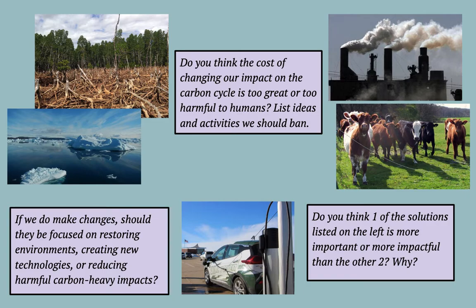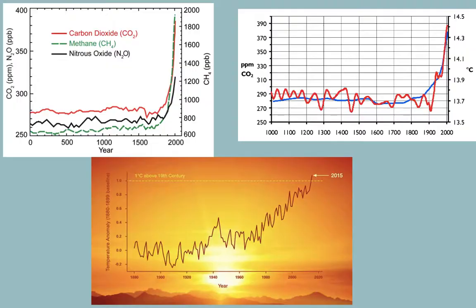And within all of these different solutions, whether it's reforestation or trying to help glaciers not melt or making people drive new cars, there are trade-offs in terms of the positive aspects on the carbon cycle and maybe the things that aren't going to help the carbon cycle, or at least not create a positive change.